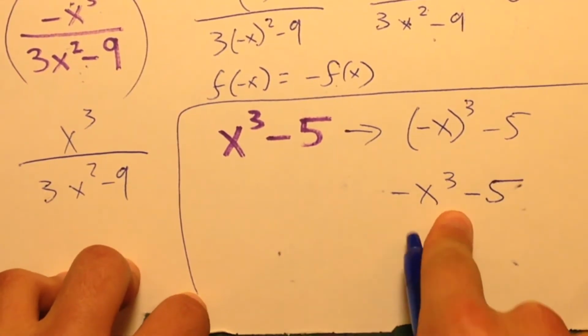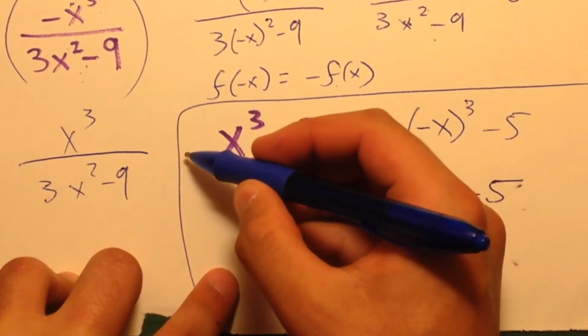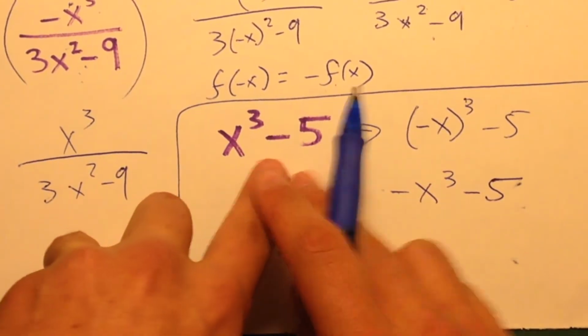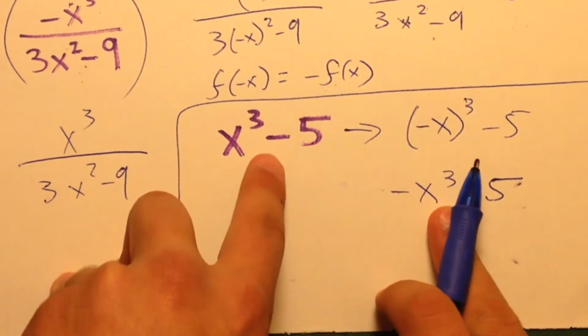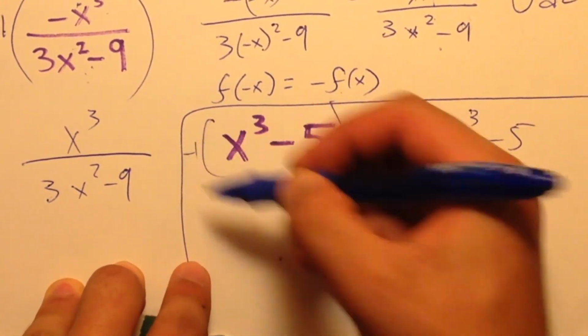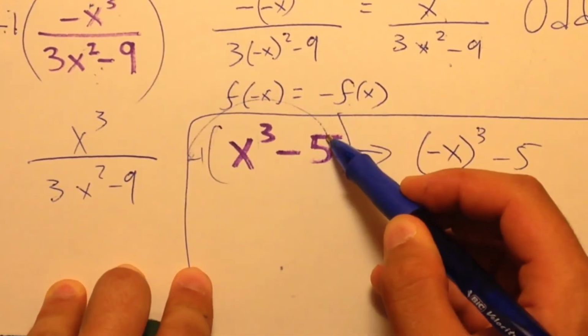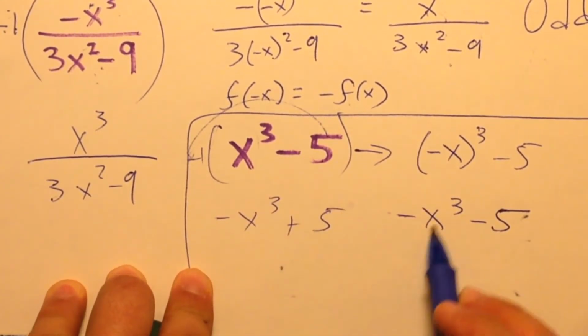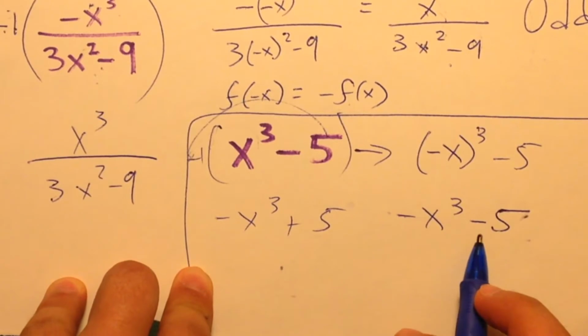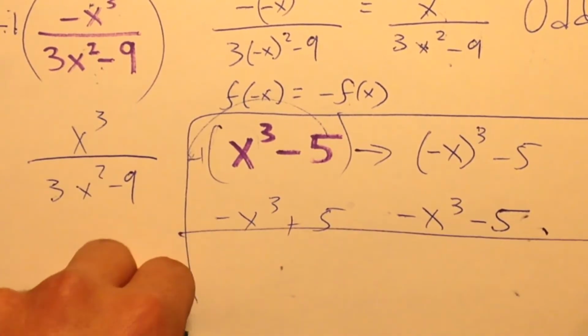Now this is neither because, first of all, our outcome is not the same. It would have been even. And if it was odd, that means you're going to have a negative 1 right here and multiply it out, and then you would have negative x cubed plus 5. In this case, negative x cubed minus 5. And so that's how it is.